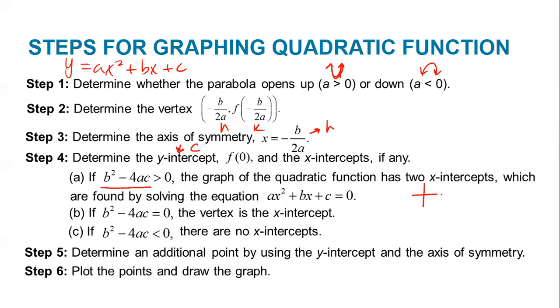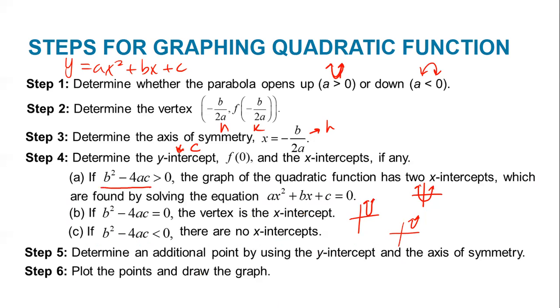So my graph is going to cross the x-axis at 2 locations. Make sense? If my discriminant equals 0, that means that my graph is going to sit on the x-axis at 1 location. And if my discriminant is less than 0, is negative, that means that there are no x-intercepts. And the reason why there are no x-intercepts is because it's just floating out here in space. Okay.